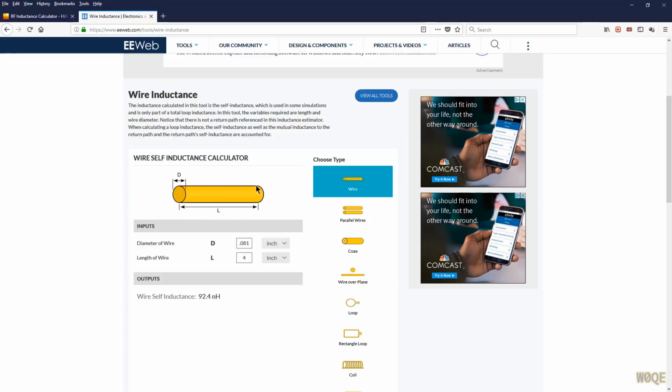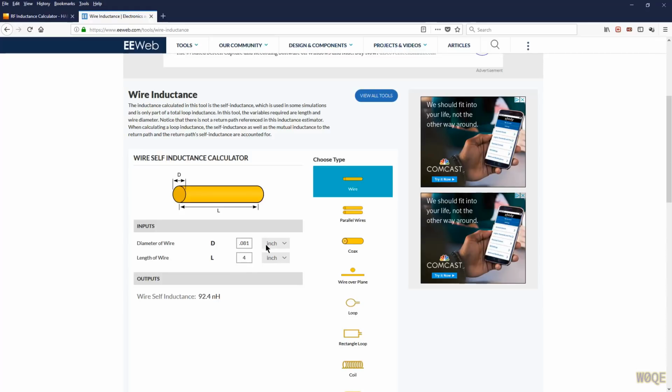which, if you have wiring in your circuit that you need to include in your simulation, is useful. This is a piece of 12 gauge wire, 0.081 inch in diameter. I know I'm going back and forth between millimeters and inches. I kind of wish we'd go to millimeters and centimeters only, but we probably won't ever in my lifetime.